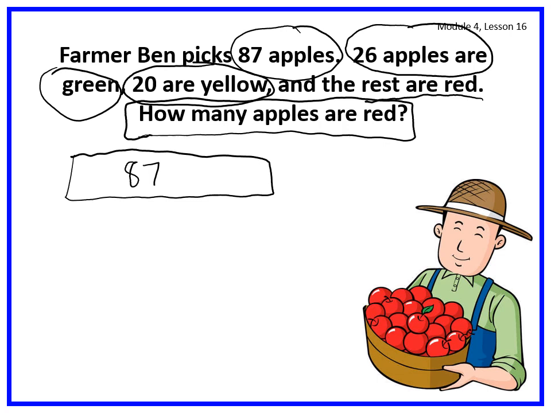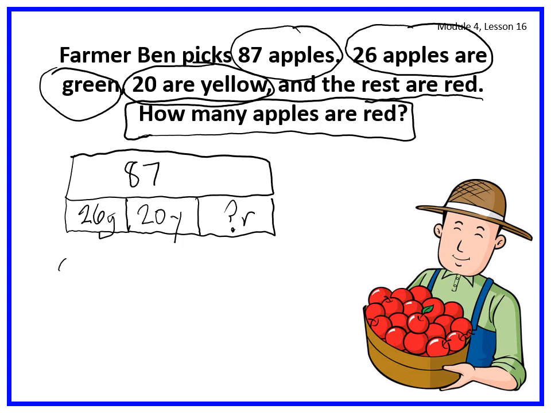So my total cannot be any more than 87 of all of them together. So I'm going to do this and divide it into 3 sections. Knowing that 26 are green, 20 are yellow, and then the rest we don't know are red.